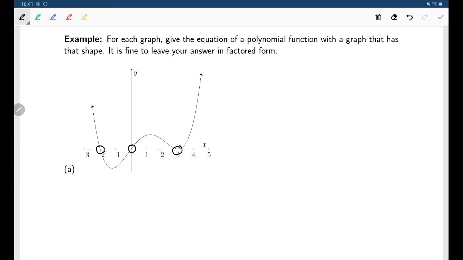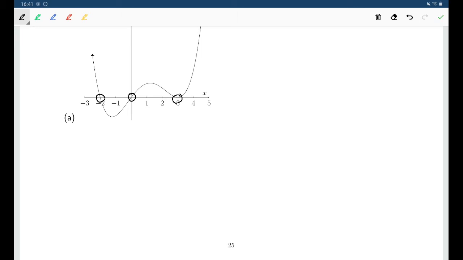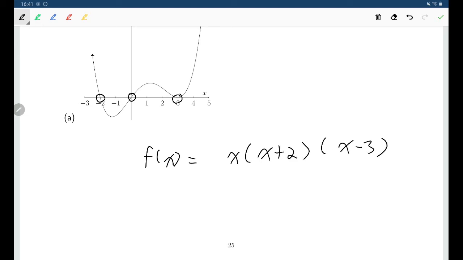So there's three x-intercepts for sure. There are x-intercepts at -2, 0, and 3. So if you're thinking about a function, there should be an x, there should be an x plus 2, and there should be an x minus 3 in there somewhere, because those would be the factors that would give you x-intercepts of 0, -2, and 3.